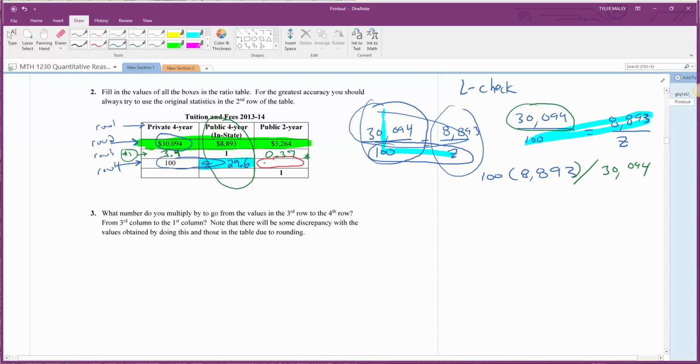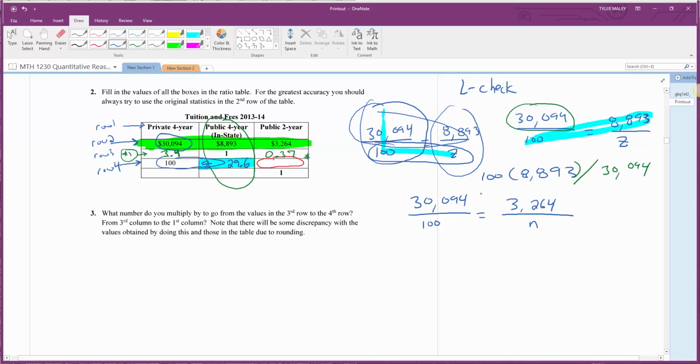To find this third one, the proportion I would set up would be 30,094 over 100. These are in the same column. I'm trying to figure out what's in this red circle, so we could let that be n, any variable you want. What's in that column and also in the same row as the 30,094 number would be this 3,264 value.